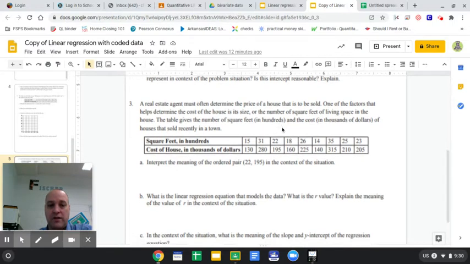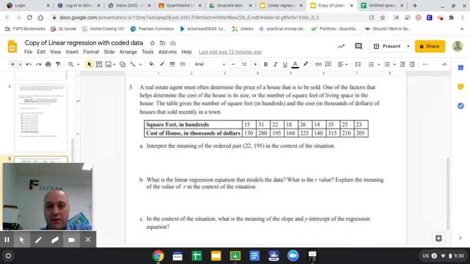Okay. So number 3: a real estate agent must often determine the price of houses sold. One of the factors that helps determine the cost of the house is its size, the number of square feet of living space in the house. The table gives the number of square feet in hundreds and the cost in thousands of dollars of houses that sold recently in a town.